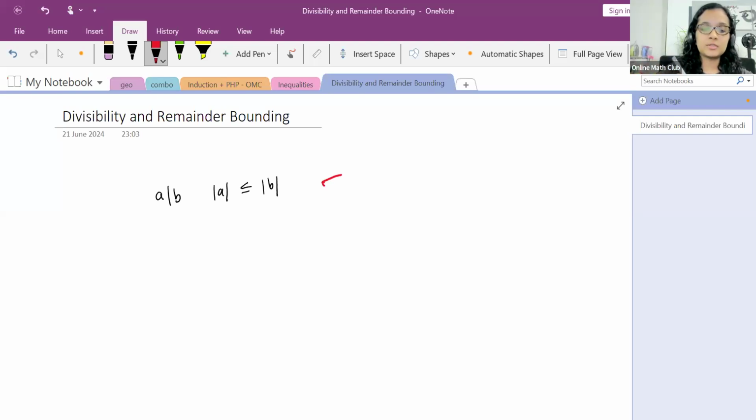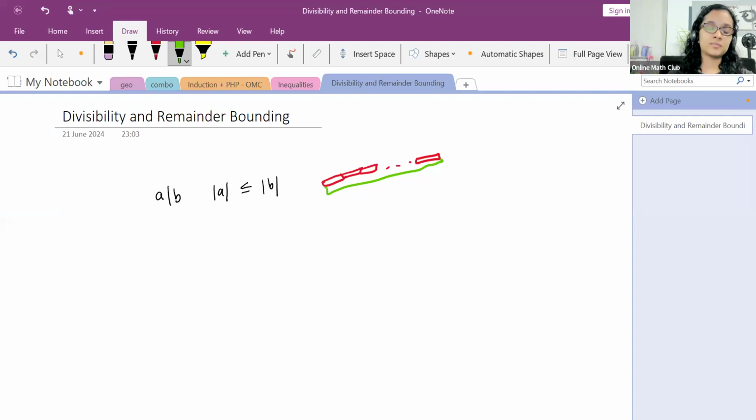That just means that you have a lot of A's and they all fit in some B. So obviously the absolute value of A is less than or equal to the absolute value of B. Also, there's the case when B is 0, because everything divides 0, and that means that there are none of A's.